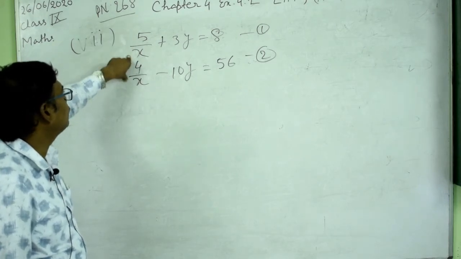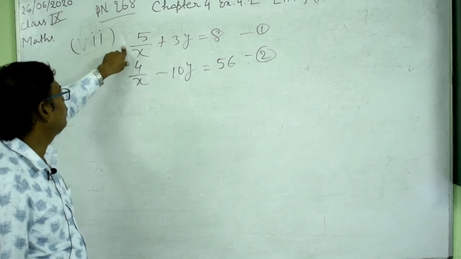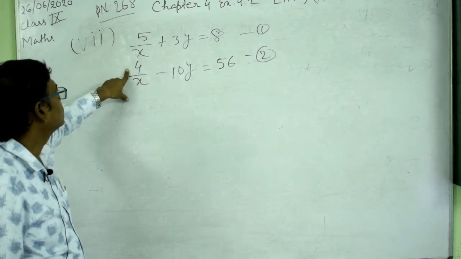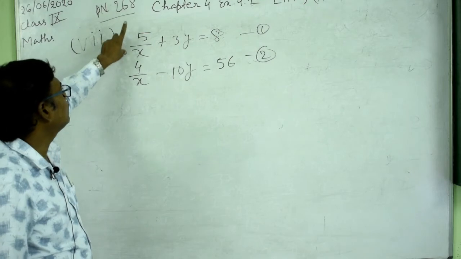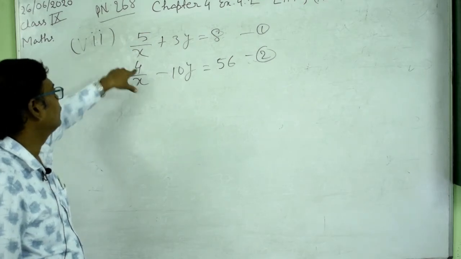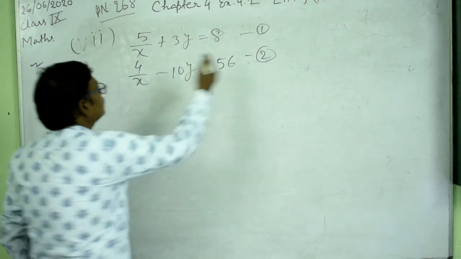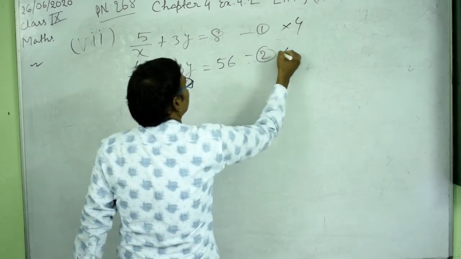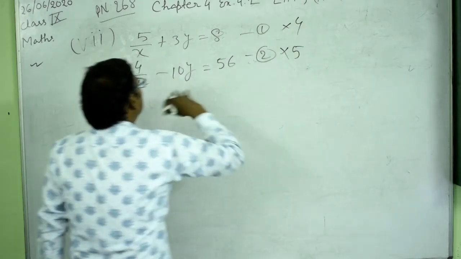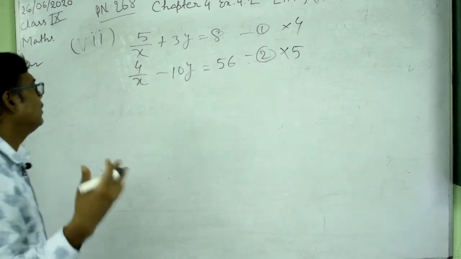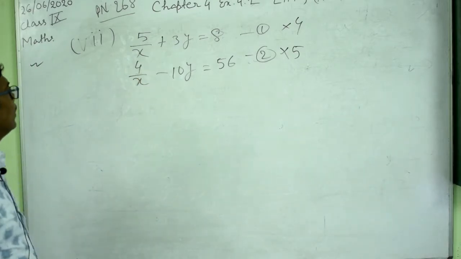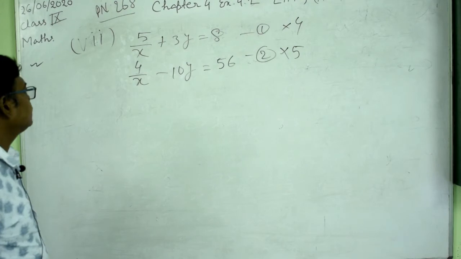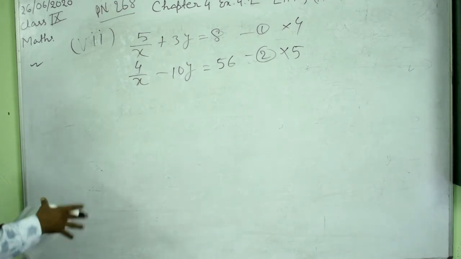The coefficient of 1 by x is here 5, and the coefficient of 1 by x is here 4. So now make them equal. So you will multiply this with 4 and this with 5, okay. Whenever you solve, you will write that multiplying equation 1 by 4 and then multiplying equation 2 by 5, and then the transformed equations will be like this.